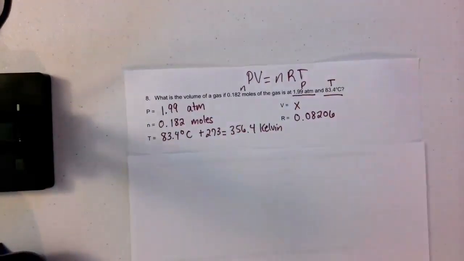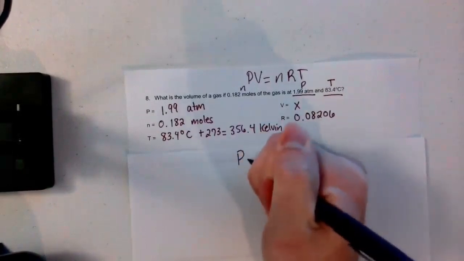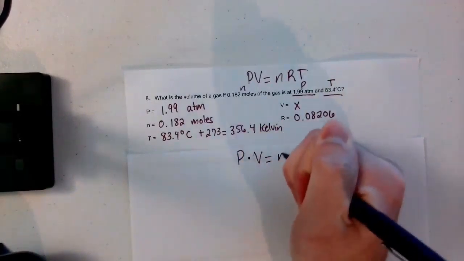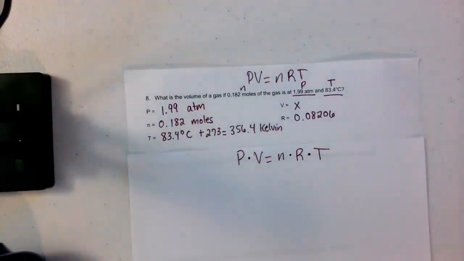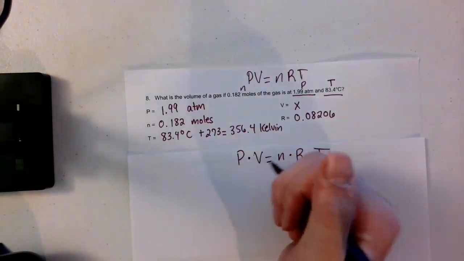So I'm going to write the formula P times V equals n times R times T, just like that. And then we're going to plug in the values for what we're given.